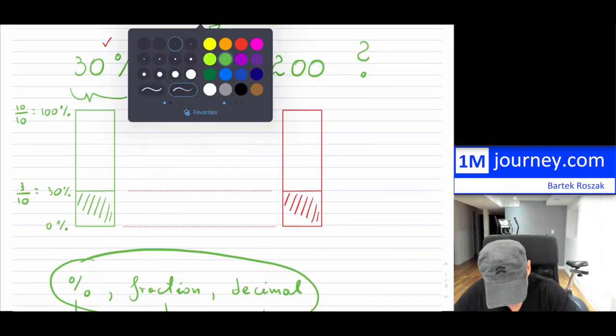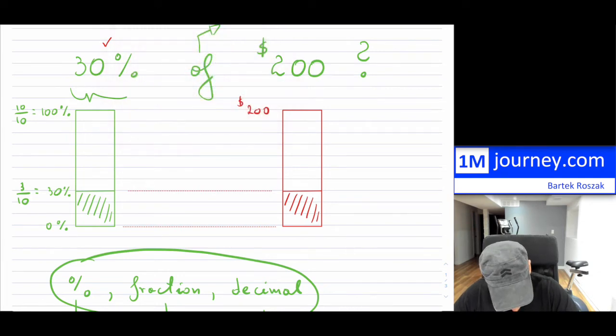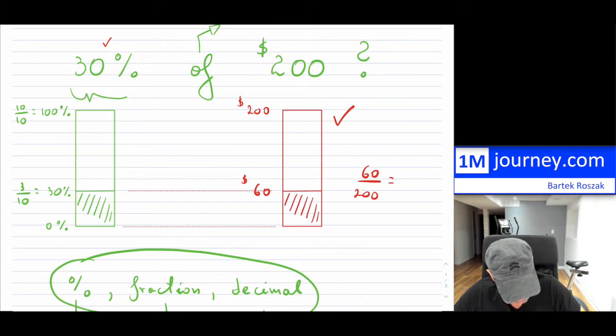Now, it turns out that 30% of this $200 is going to be $60. And notice, 60 divided by 200, if you reduce this in terms of a fraction, is going to give you 3 over 10, which is 30%.